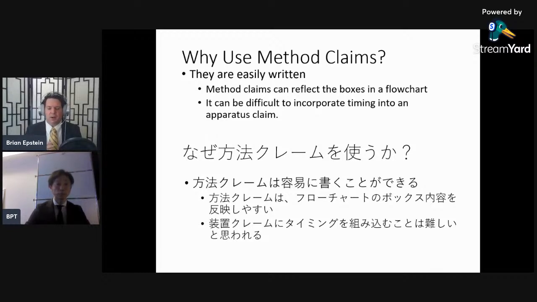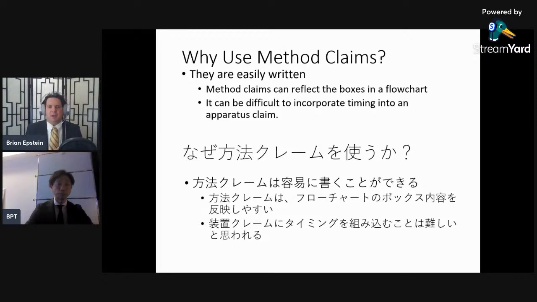You don't have to worry about all of the different structures that might be involved in, as an example, a computer implemented invention. In addition, it can be difficult to incorporate timing into an apparatus claim. A lot of practitioners, both foreign and domestic, struggle with how to create timing relationships between different operations.